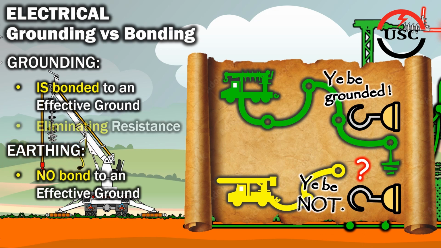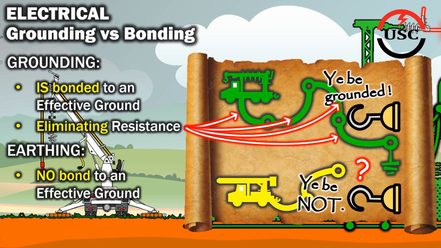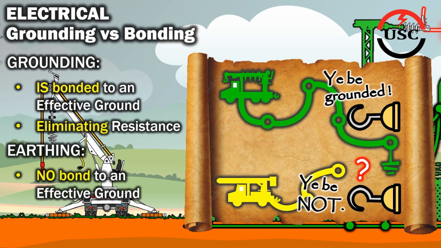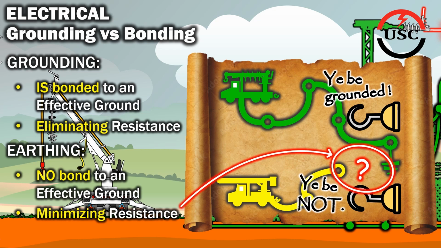Grounding is essentially eliminating the resistance between a component and the effective ground due to its direct or indirect mechanical bond, which in the examples we've been covering are the circuit grounding cables and the vehicle grounds. Earthing is the attempt to minimize the resistance between a component and an effective ground due to the lack of the mechanical bond. This dead short, no resistance mechanical bond has been replaced with the variable resistance of the soil.